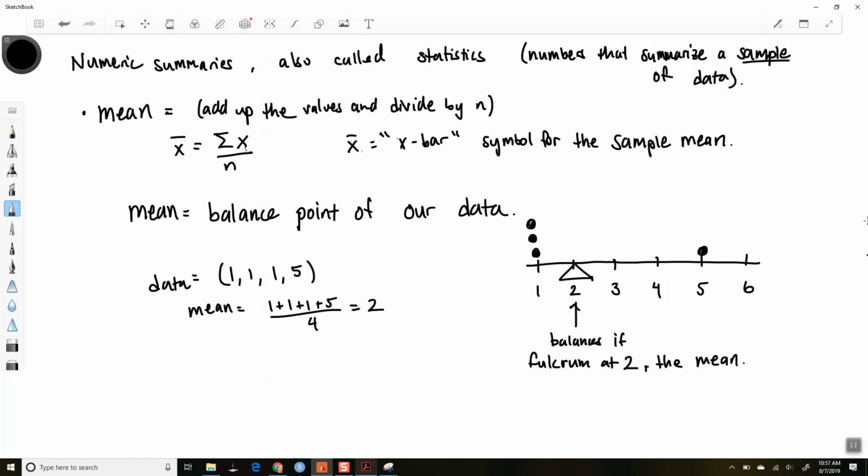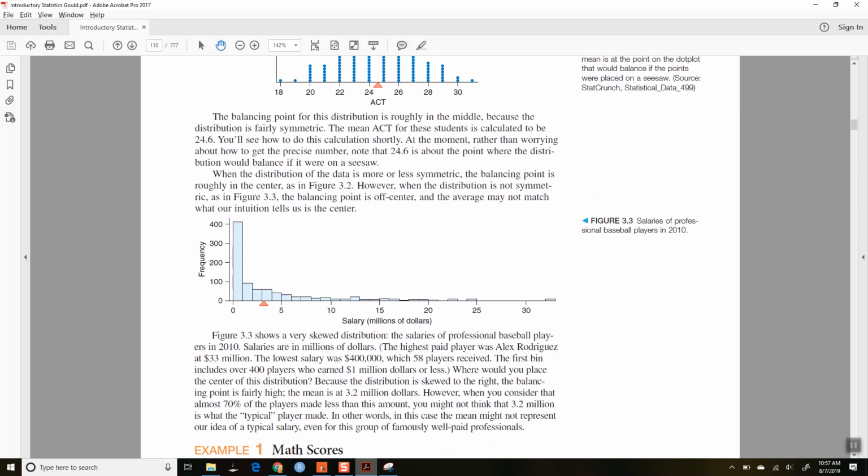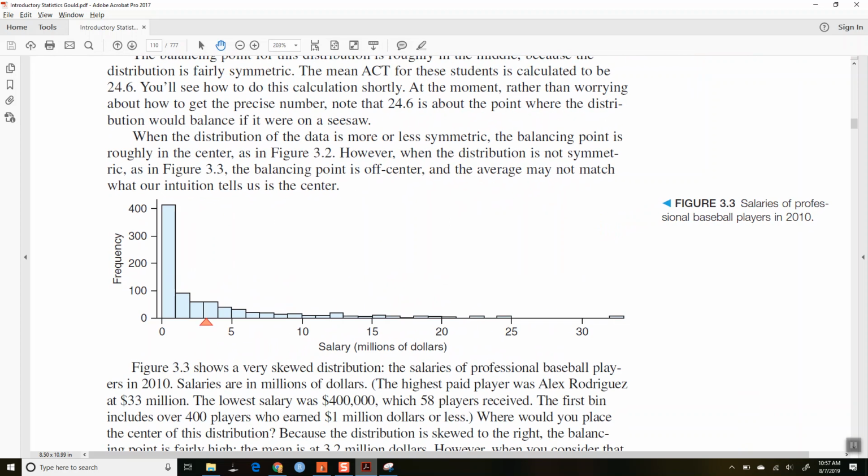For example, if we go back to our Major League Baseball salary data, and we ask what's the average salary of a baseball player? Technically, if we add up all the numbers and divide by how many people we have, the average would be something around 3 million. But would it be fair to say that the average salary of a baseball player is $3 million a year, when by and large the grand majority make less than $1 million, and we have a few superstars who make 30 million or something like that?